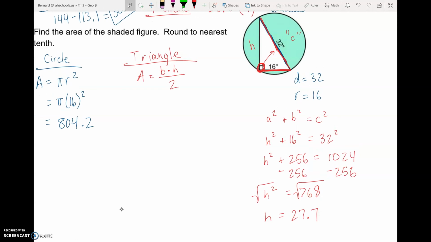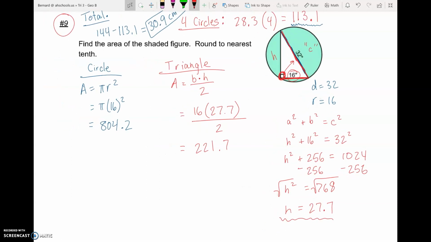So perfect. Now we can find the area of this triangle because our base is 16 and we just solved for the height right here. And so the area will be base, which is 16, times height, which we now know is 27.7. And then remember, we do have to divide by 2. And so the area of this triangle, when you type that into your calculator, is going to be 221.7.